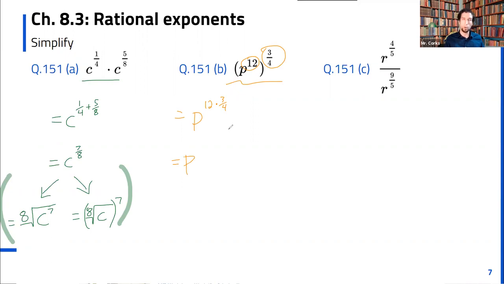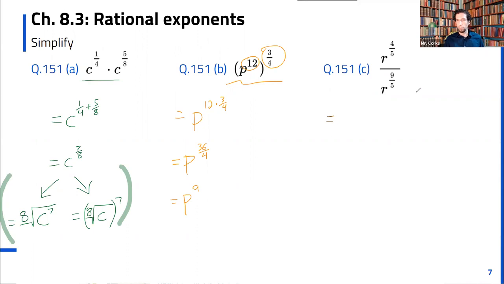So what is 3/4 of 12? Or we could rewrite this as 36 over 4 and then simplify the fraction. And we will get p to the exponent 9. So just multiply the two numbers together.